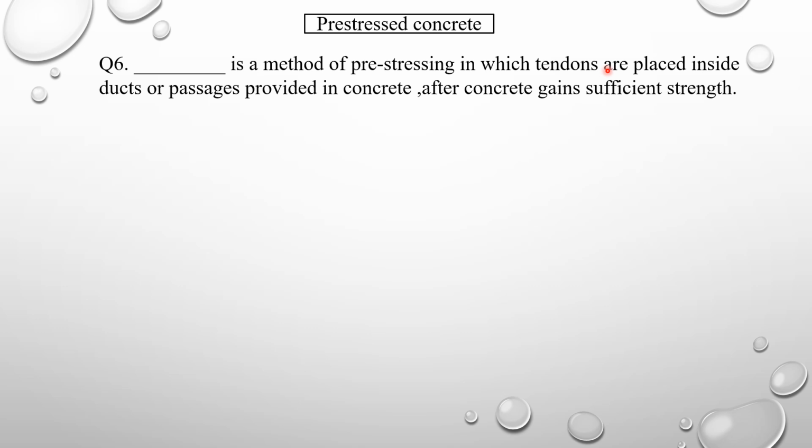Tendons are placed inside the ducts or passages provided in concrete after concrete gains sufficient strength. After means post. So here the answer should be post-tensioning. From the options, the first option is correct.